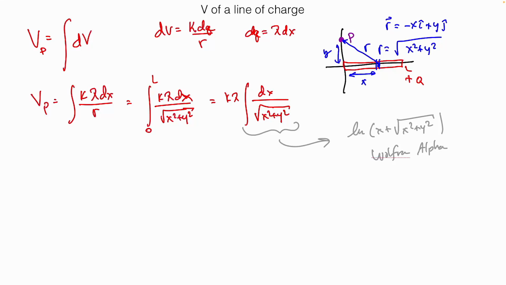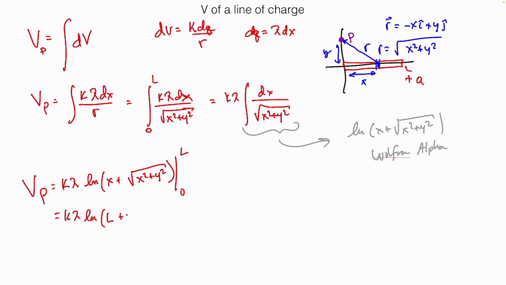So what does that mean for my voltage at point P? It's going to be K lambda times the natural log of x plus the square root of x squared plus y squared. Y in this case just being a constant, whatever distance it happens to be. But we've got to evaluate that from 0 to L, don't we? Ugh. I did it to myself, so we'll just do it.